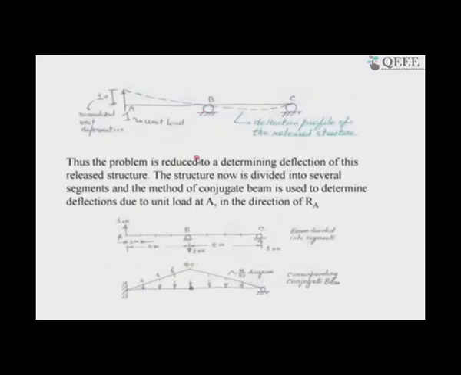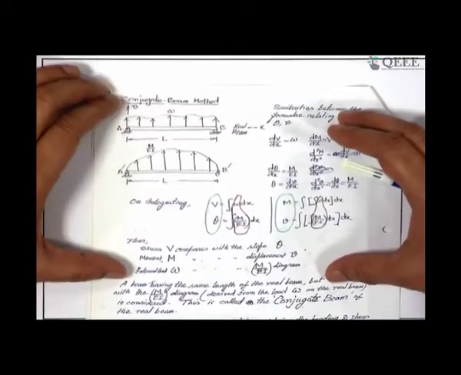So, let us go to the slides. For this particular problem, from the book also, the conjugate beam method is suggested. Let me quickly give you a brief overview.